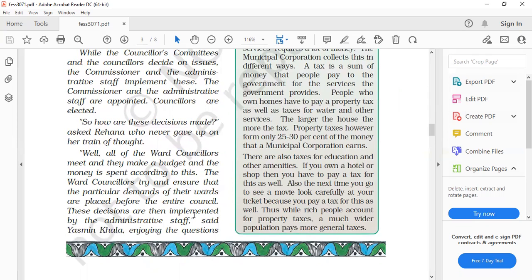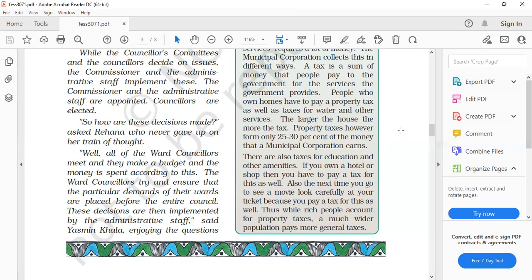The people will approach the ward councillors, and how they solve it. This is your answer. So first write these lines, after that you can write these lines, and then again you write these lines, that is, councillors meet and take it up with the administrative staff. This is your complete answer.